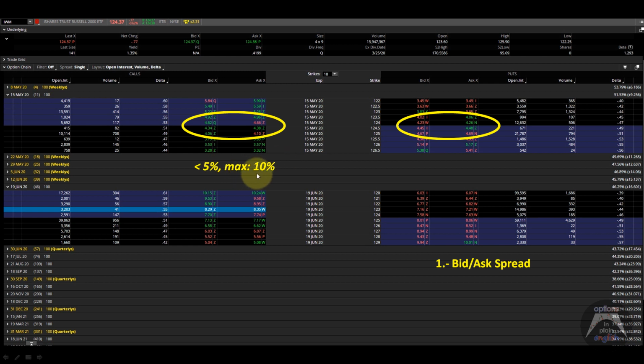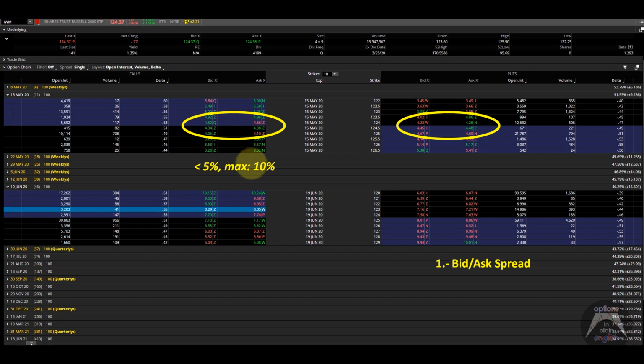But under no circumstances would we go higher than 10%. So we like to have less than 5% in bid-ask spread, ideally closer to 2% or 1%, like this. And under no circumstances, again, would we go above 10%.